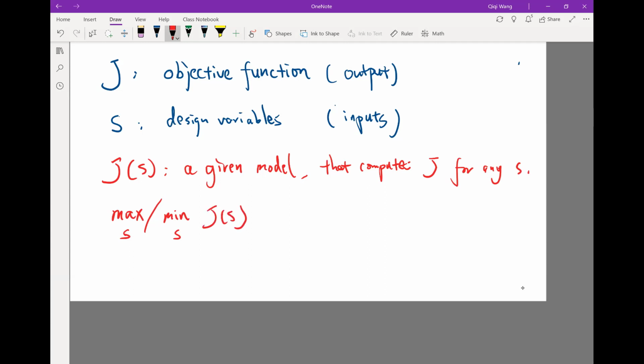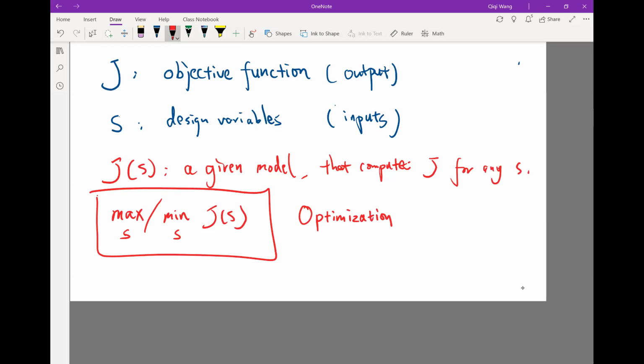So this is an optimization problem. Today we're going to focus on how to solve optimization problems like this.